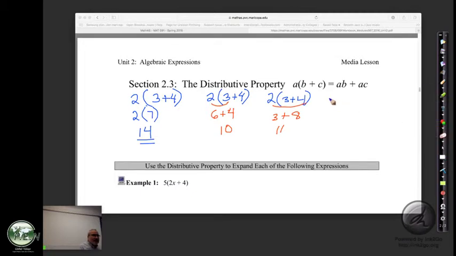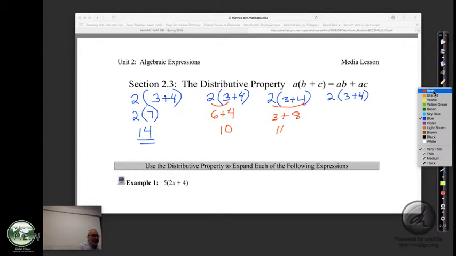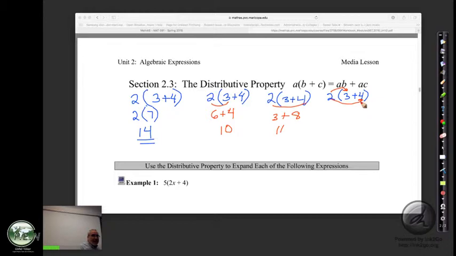Let's see if that works. Let's take 2 times the first one and the second one, and let's see if it gets us to what we know it's supposed to be. 2 times 3, 6. 2 times 4, 8. 6 plus 8, 14. We match the number we know from the way we correctly worked it.